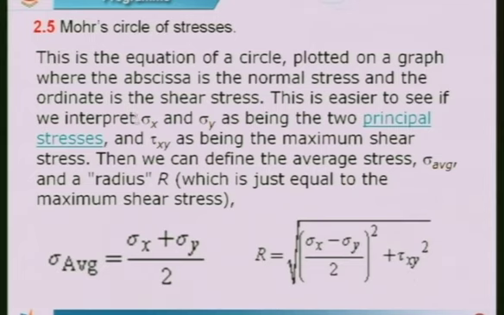This is the equation of a circle, plotted on a graph where the abscissa is the normal stress and the ordinate is the shear stress. This is easier to see if we interpret sigma x and sigma y as the two principal stresses and tau xy as the maximum shearing stress. Then we can define the average stress sigma average and a radius r. We will be using this equation to draw the Mohr circle.